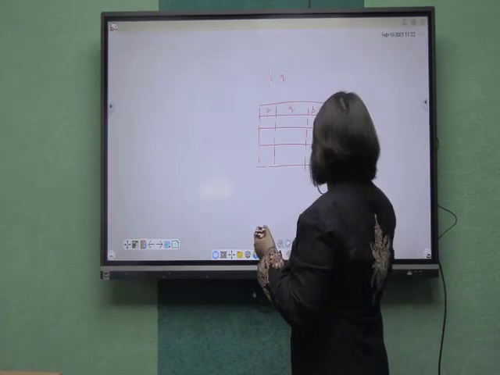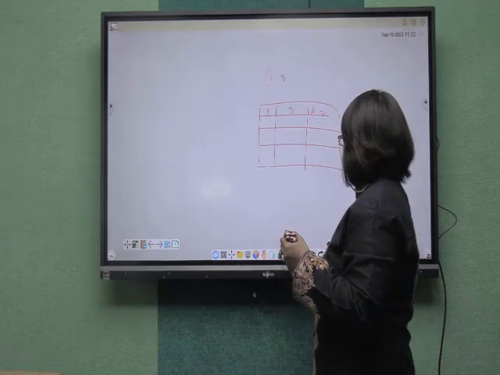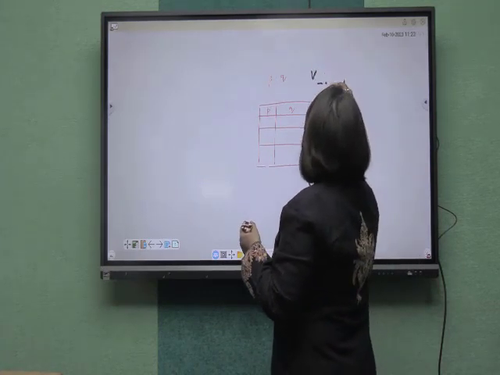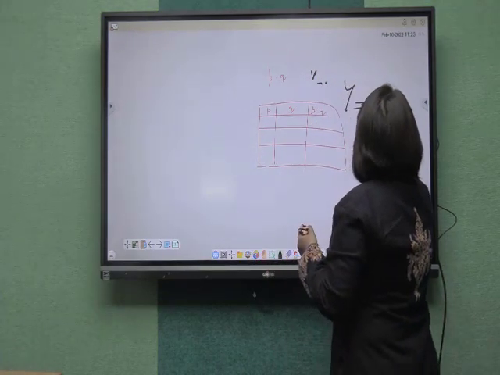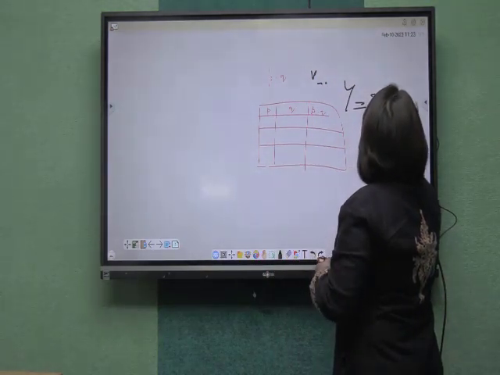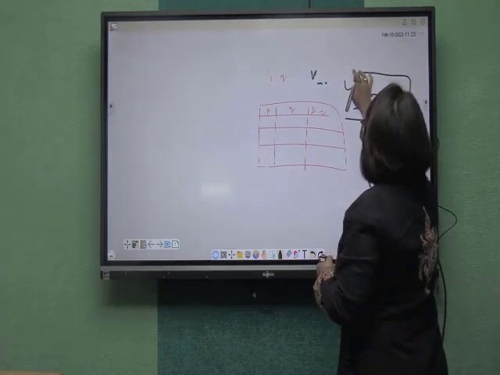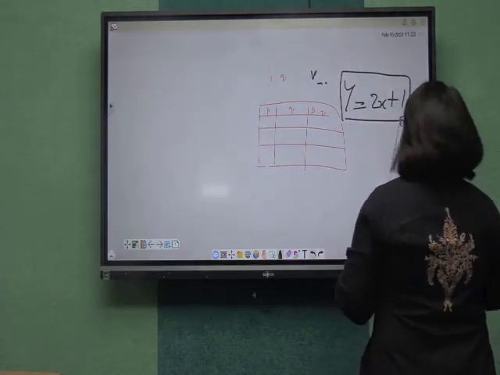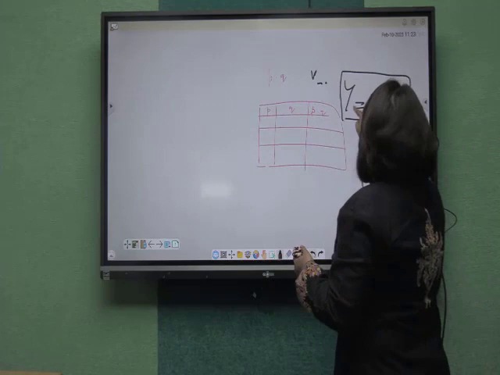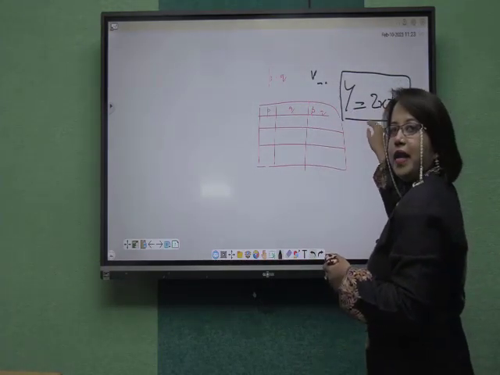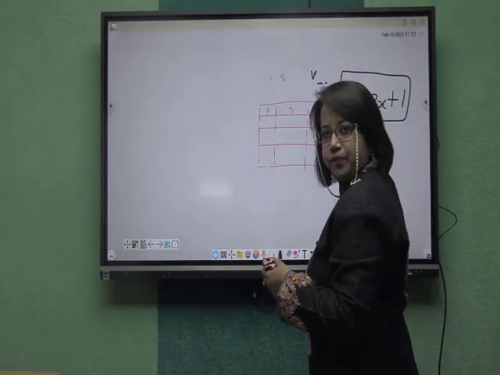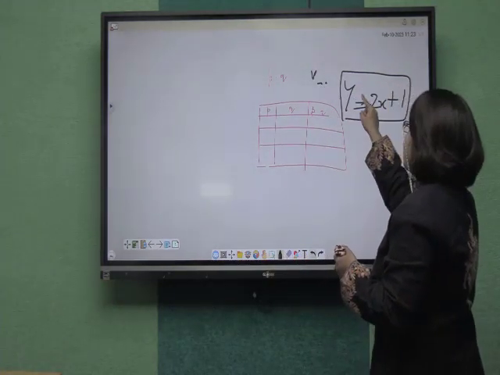And for example, in case of a function, as we all know, y equal to 2x plus 1. This is just a quick recap of what we have covered previously. Here x is the variable, alright, and depending on the value of the variable, the value of y gets decided.